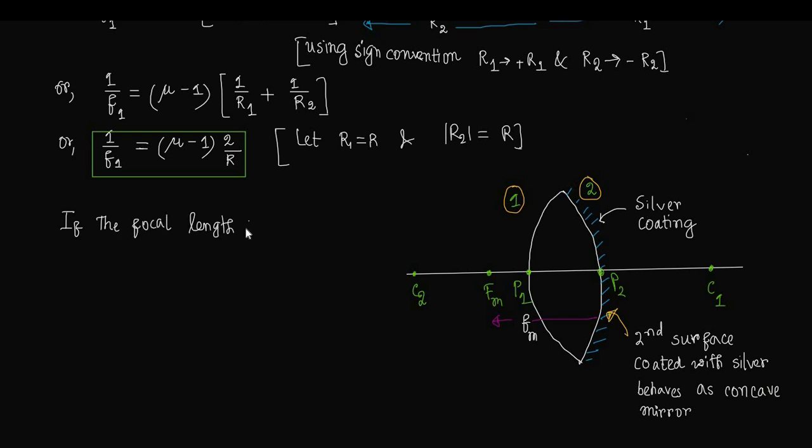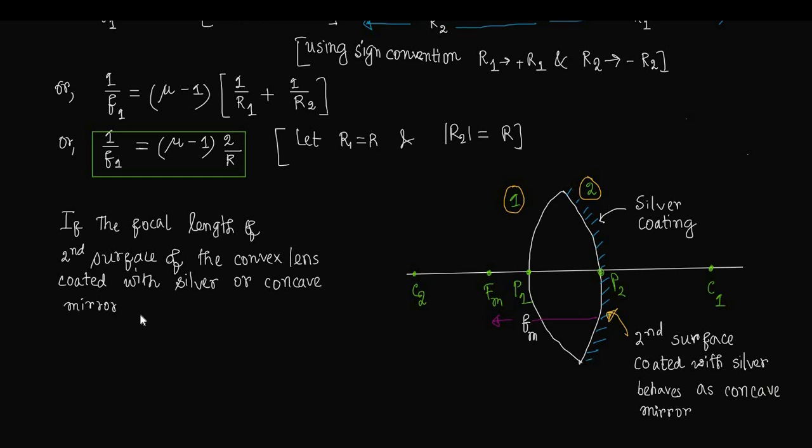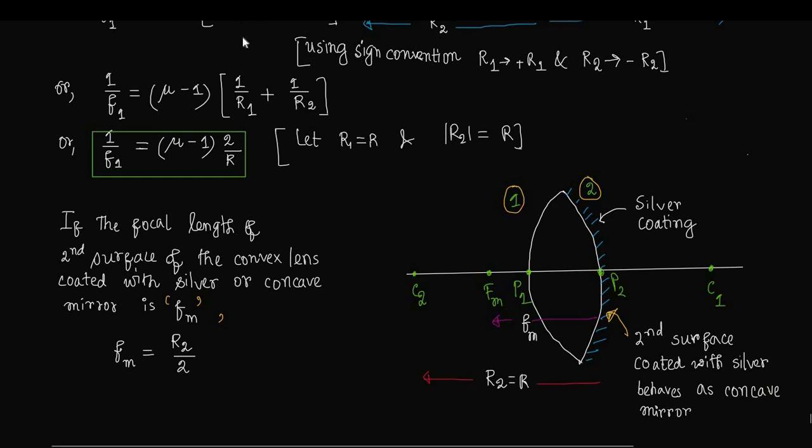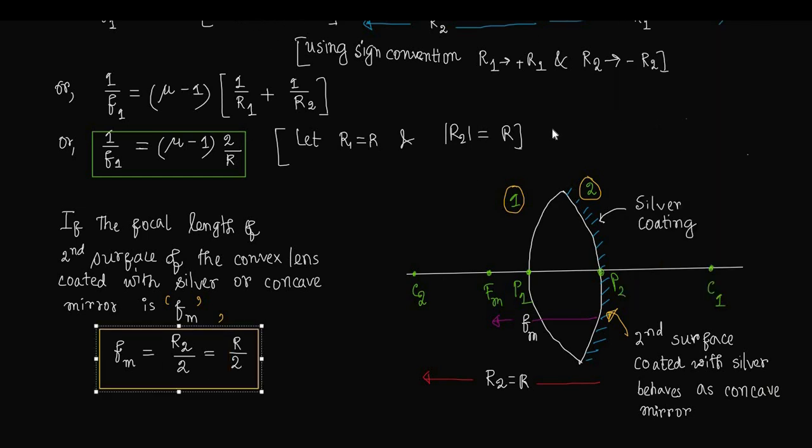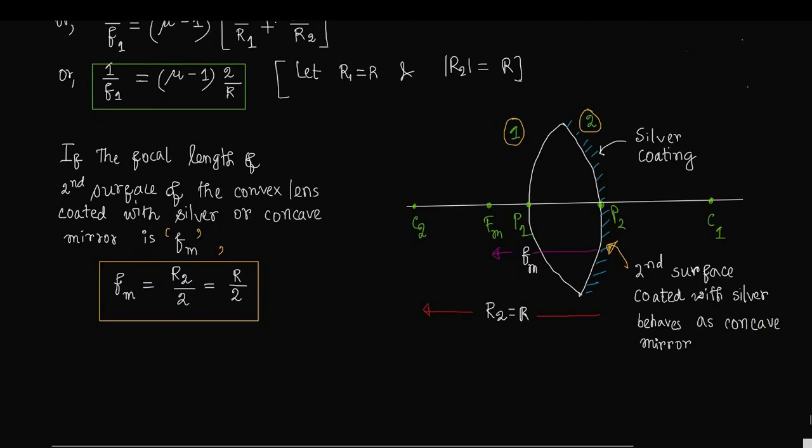If the focal length of the second refracting surface of the convex lens coated with silver, or concave mirror, is FM, then FM is equal to R2 divided by 2, where R2 is the radius of curvature of the second refracting surface, which is assumed as R. That's why FM should be equal to R by 2, half of the radius of curvature.